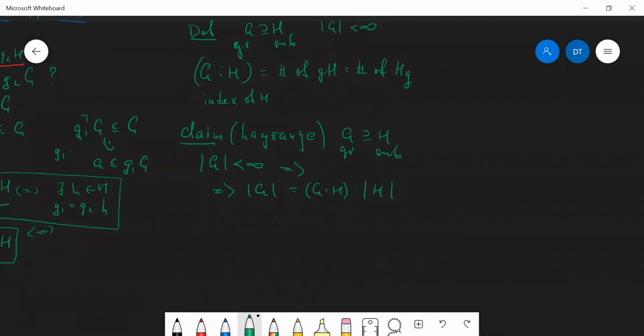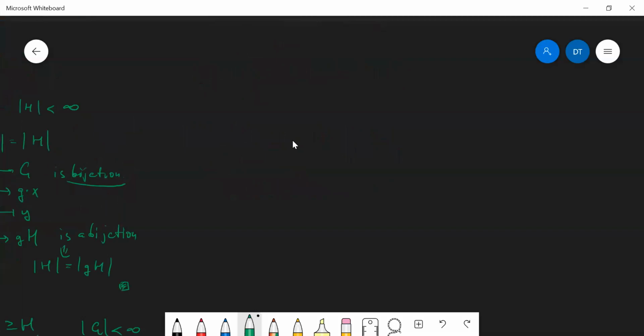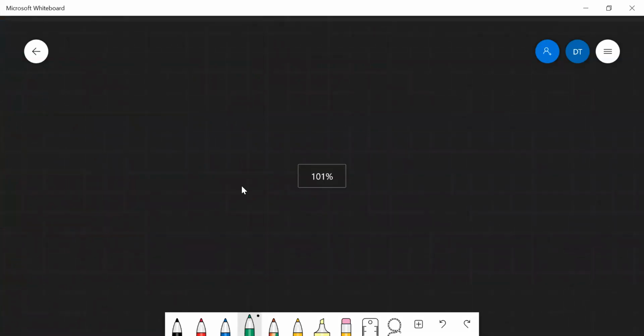Now I want to discuss several corollaries of the Lagrange theorem. But again, if you have any questions, please ask. If not, then I'll proceed to the corollaries.